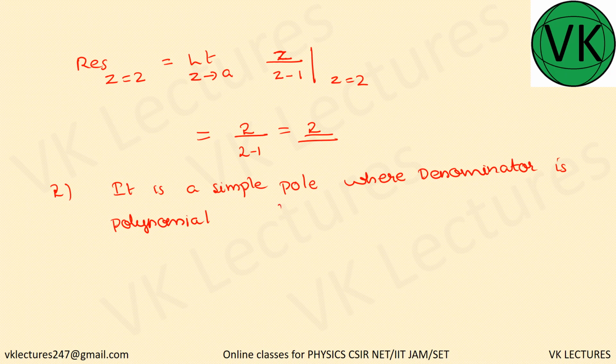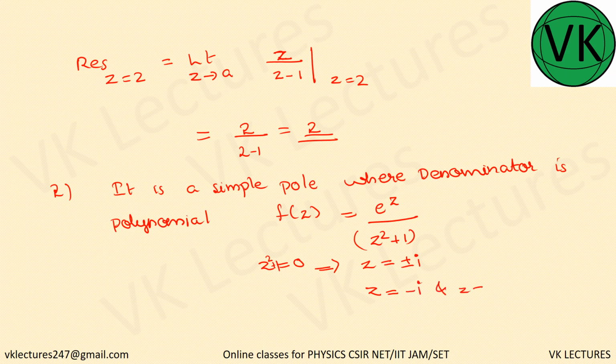Question is f of z is equal to e raised to z divided by z square plus 1. Here, z square plus 1 equated to 0, we got z is equal to plus or minus i. So we need to evaluate residues at z is equal to minus i and z is equal to plus i.